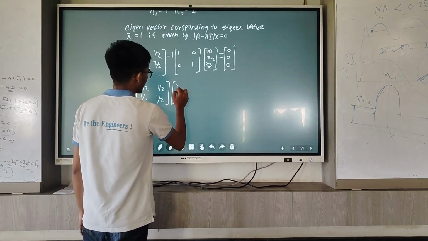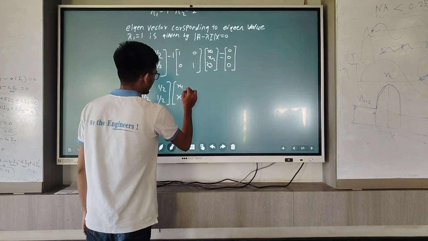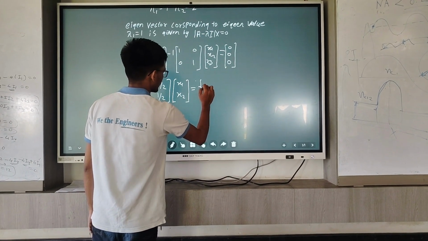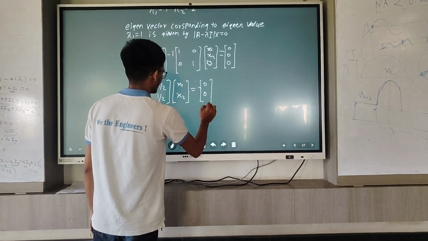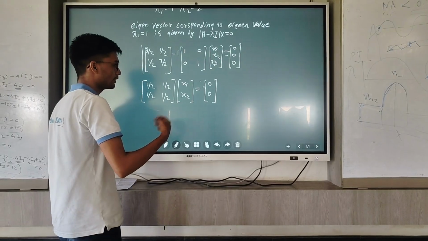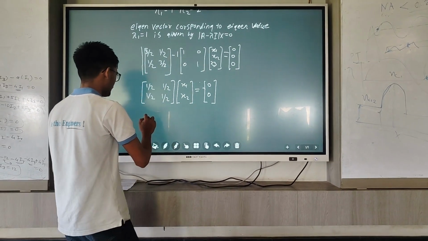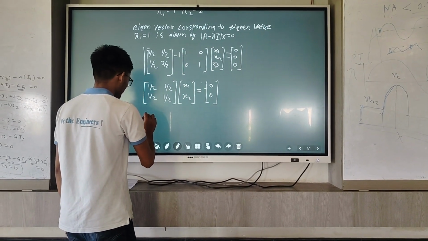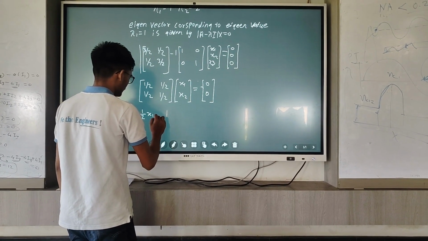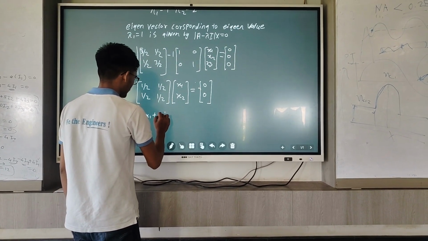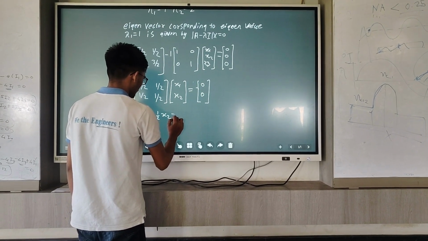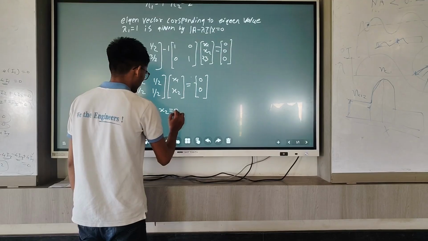So we write like that x1, x2 which is equal to 0. Now we consider the one equation, they both are linearly dependent. So we consider any one. So we consider first one is 1 upon 2 x1 plus 1 upon 2 x2 is equal to 0.